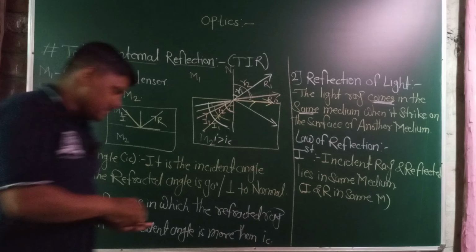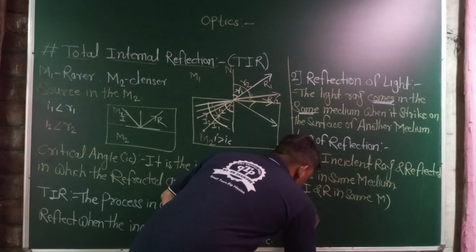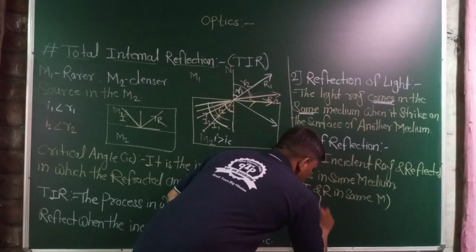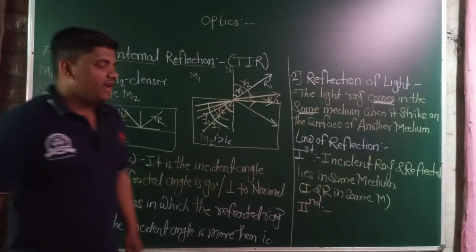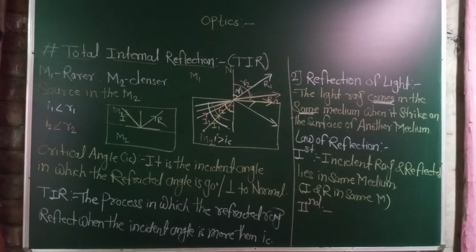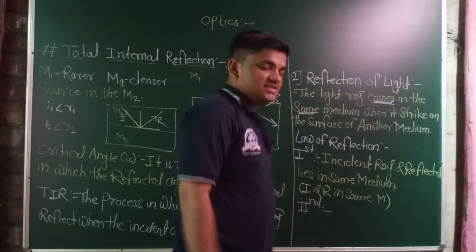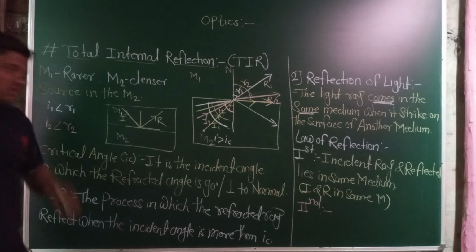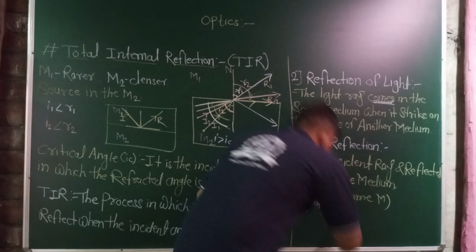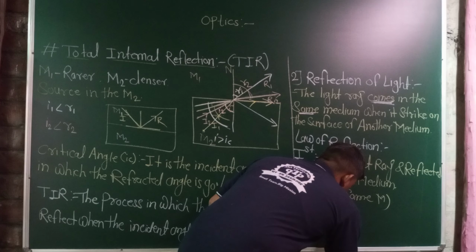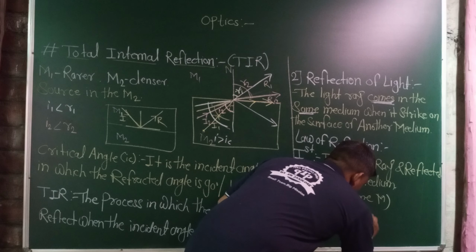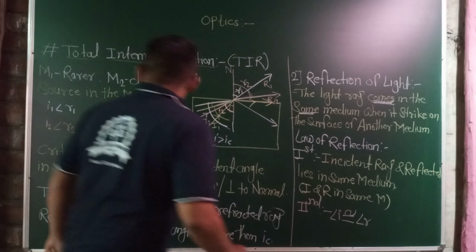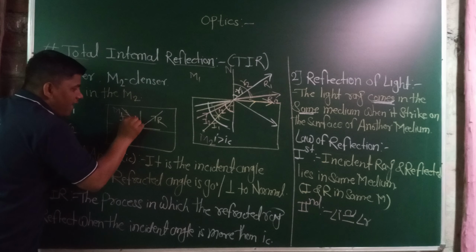Then what is the second condition? The second law of reflection: the angle of incidence and the angle of reflection are the same. The angle of incidence is congruent to the angle of reflection.